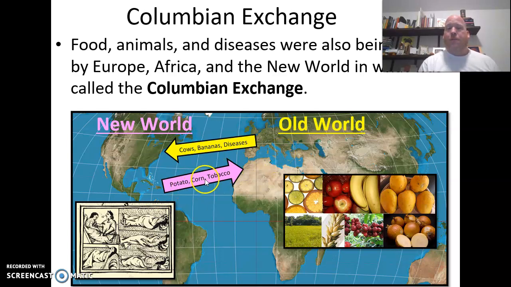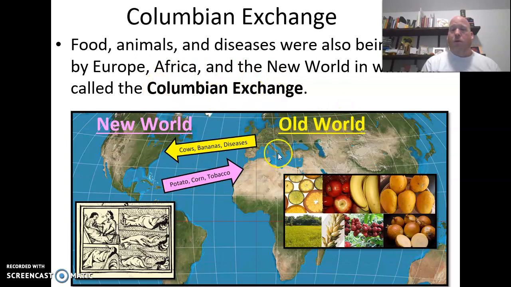So there were food, there was tobacco, there were all sorts of animals and crops. Unfortunately, there were also some diseases that got sent back and forth. And this exchange of goods and ideas and diseases and all that stuff became known as the Columbian Exchange.